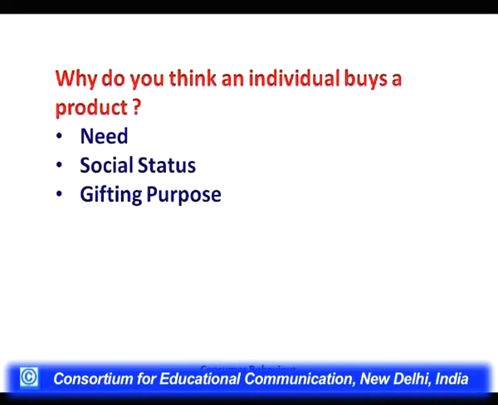Now, we have to discuss, why do you think an individual buys a product? What is the reason the people go to the market and finally they buy a product? Whether it is need, whether it is social status, and whether it is a gifting purpose. So, we have to see what is the reason the consumer buys a product.